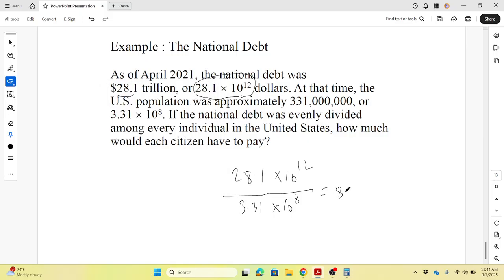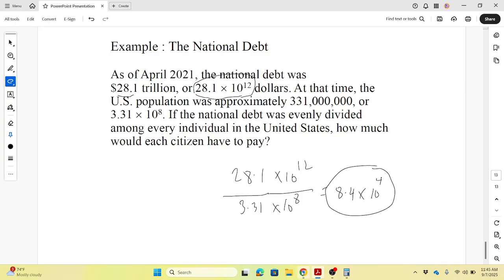So I can write 8.49 if I have to approximate to two decimal places. But that depends on the problem. If it asks you to approximate, then we approximate, otherwise we don't. And then what about this thing? It would be 10 to the power 12 minus 8, which is 4. This final answer is in scientific notation.